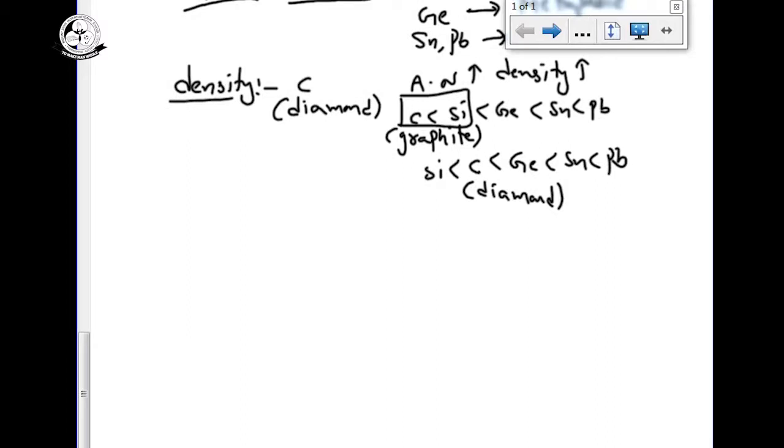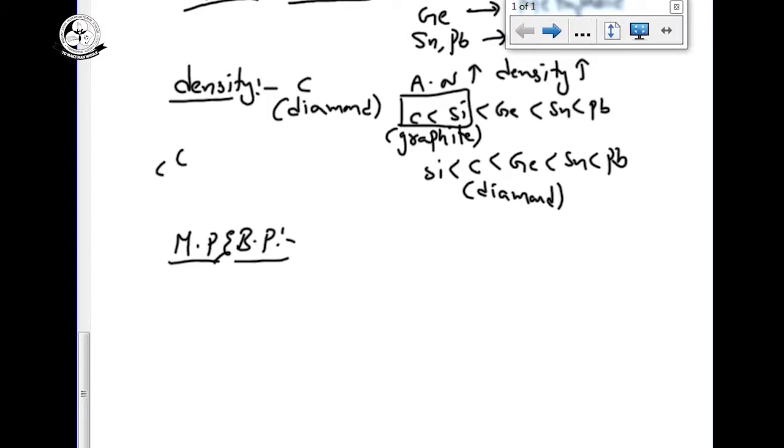Melting point and boiling point, as usual from top to bottom. The question sometimes they will ask like this: carbon diamond and carbon graphite, which is the thermally more stable form of carbon? Graphite is the thermally more stable form.